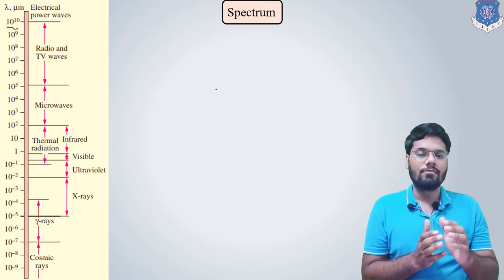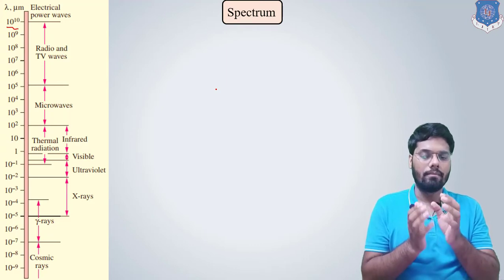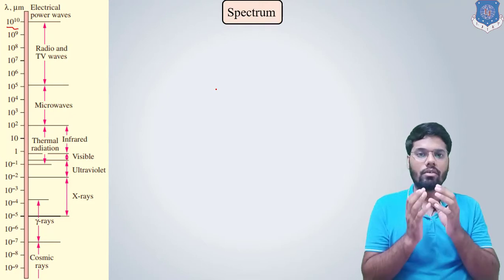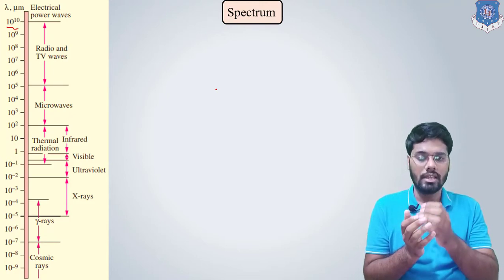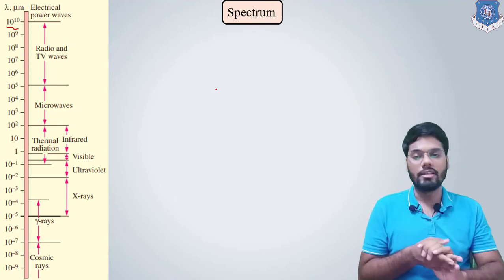But they are classified based on the wavelength which they have, and due to that wavelength, the energy which the electromagnetic wave has.